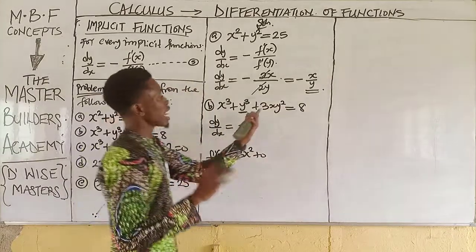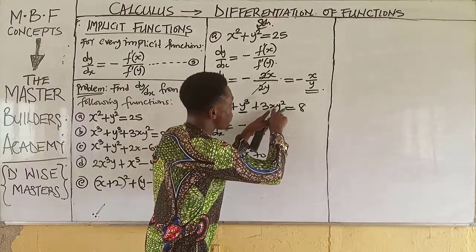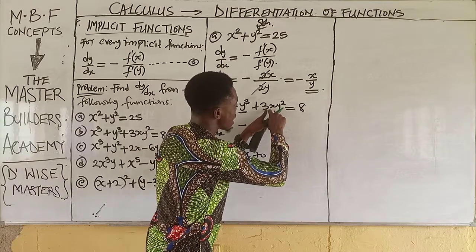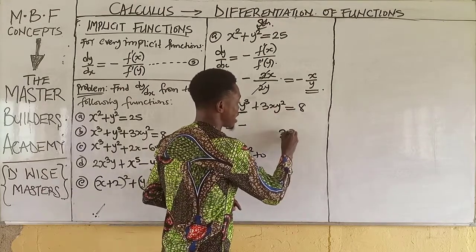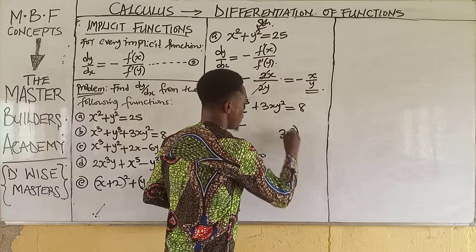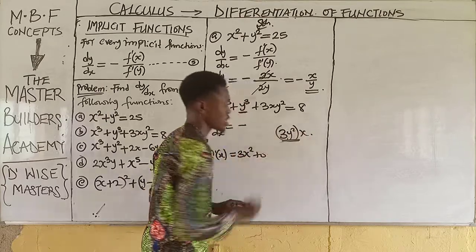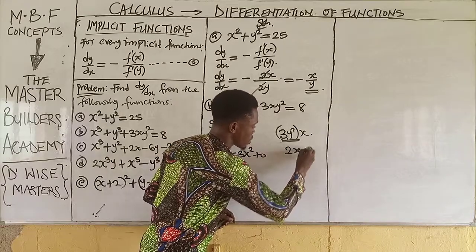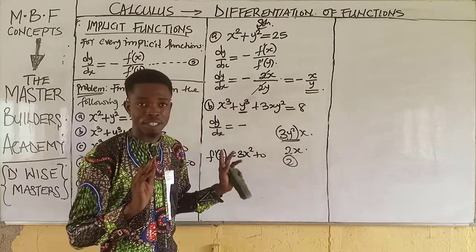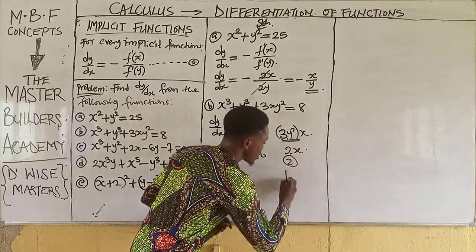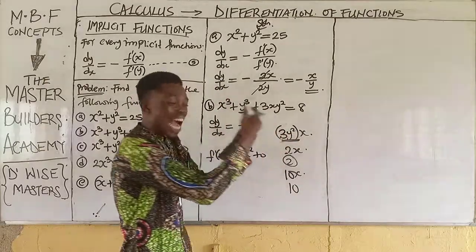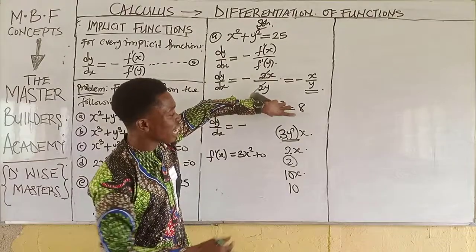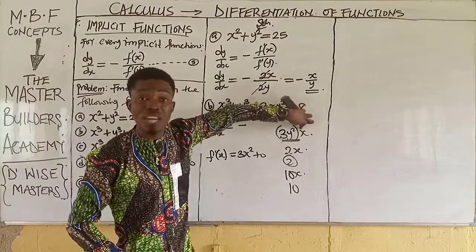That's all. Then I come here, you see that I have a product of what? 3xy squared. That means this can be written as 3y squared multiplied by x. This is the constant. I know that when you differentiate 2x, for instance, you have only the constant. If I differentiate 10x, I have just 10. So if 3y squared is a constant, that means it happens to now be the coefficient of x.